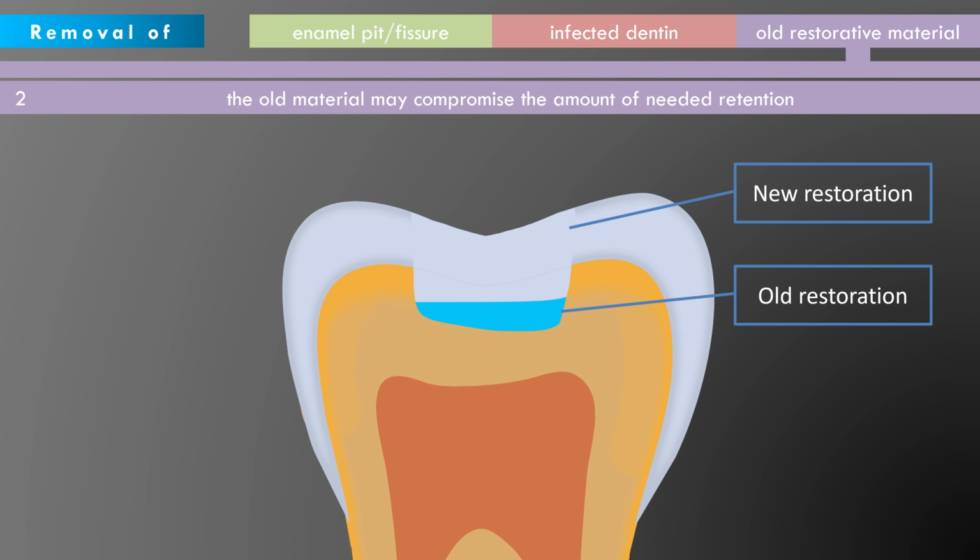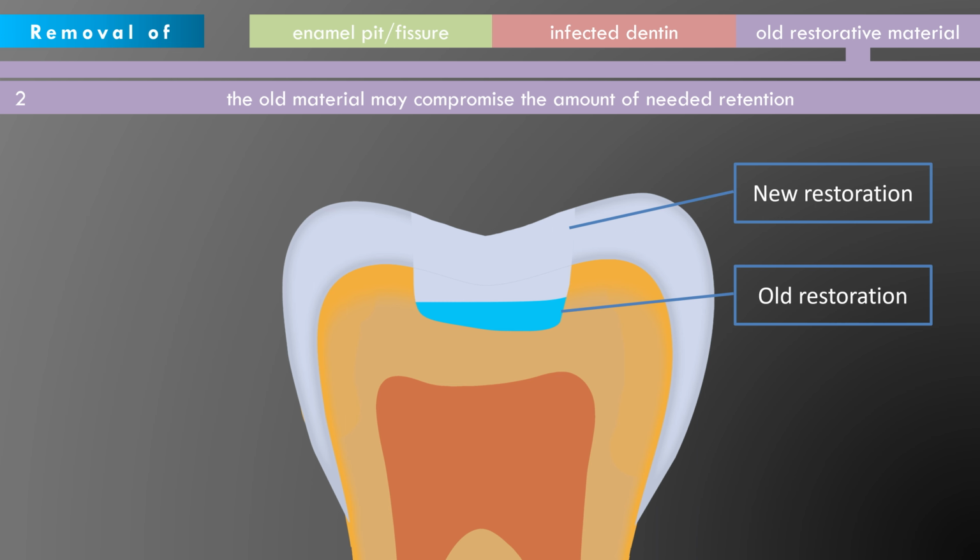And next, if the old restorative material may compromise the amount of the needed retention. In this picture, we can see that there is an old restoration. Let's think that the old restoration that we have placed is a dental amalgam with a zinc phosphate base, and while replacing, if you are planning to replace it with a composite restoration, the zinc phosphate, which is a base for the dental amalgam, will be retained in the floor.